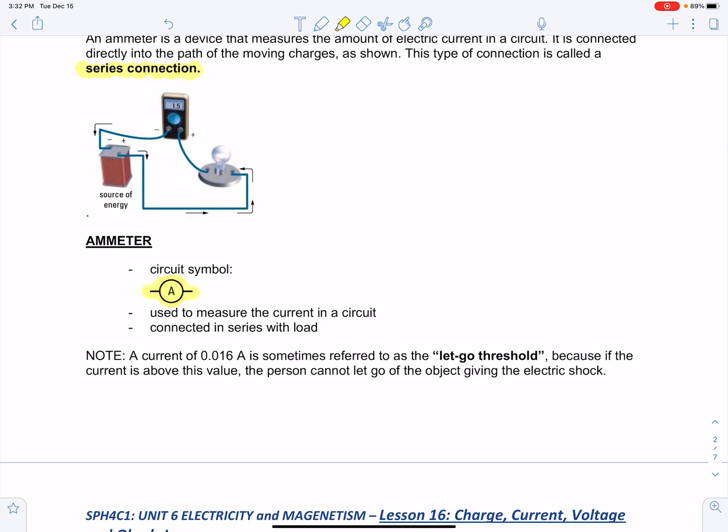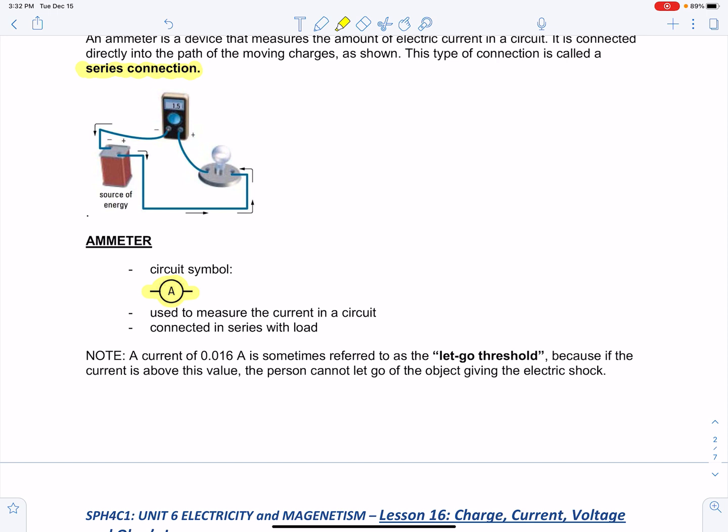Note, a current of 0.016 amps is sometimes referred to as the let-go threshold because if the current is above this value, the person cannot let go of the object giving the electric shock. Current is what you really need to pay attention to, especially when you're talking about electrical safety.